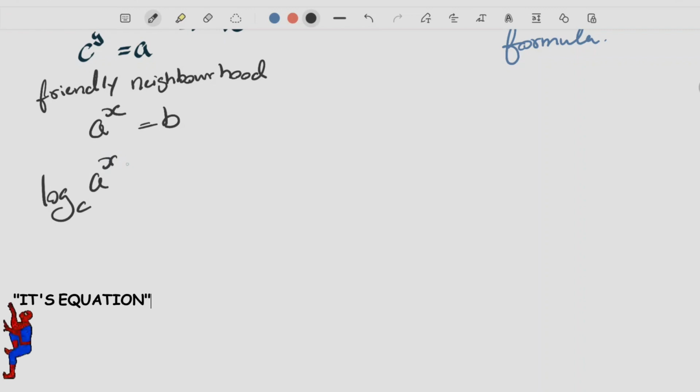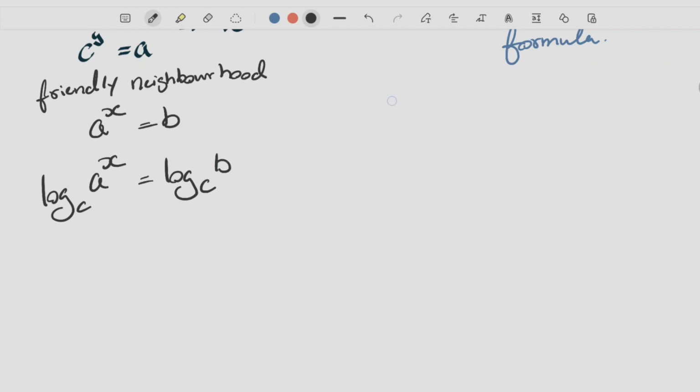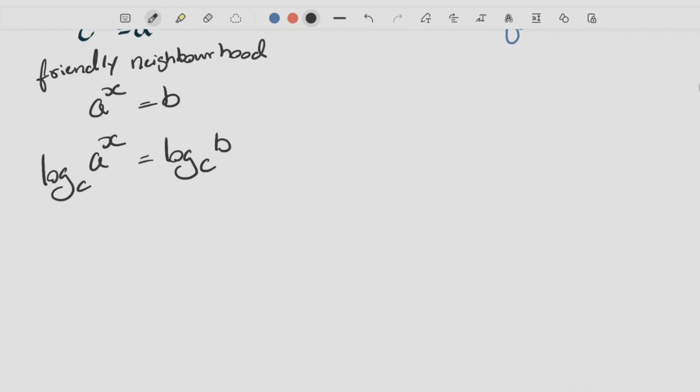So we're trying to see what must c be raised to get to both of these. We're going to work out our x, which we found in the previous log law. Log base c of b.